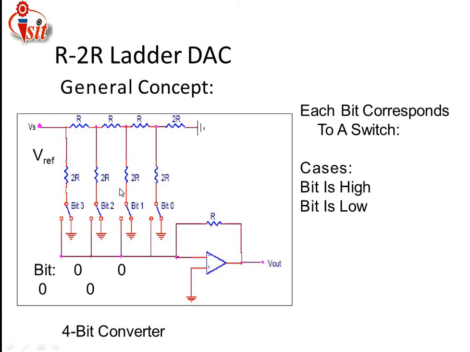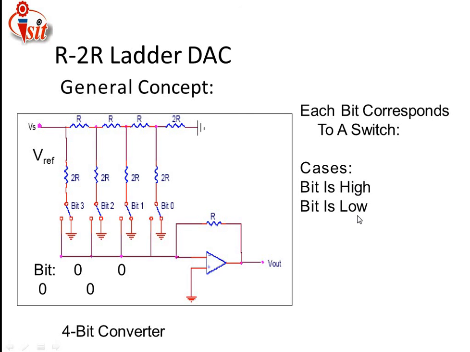That means here is the parallel and series combination of the R-2R ladder. Bit number 0 to bit number 3, that means MSB to LSB bits, are connected here. Each bit corresponds to a switch, and the switch responds to the bit.